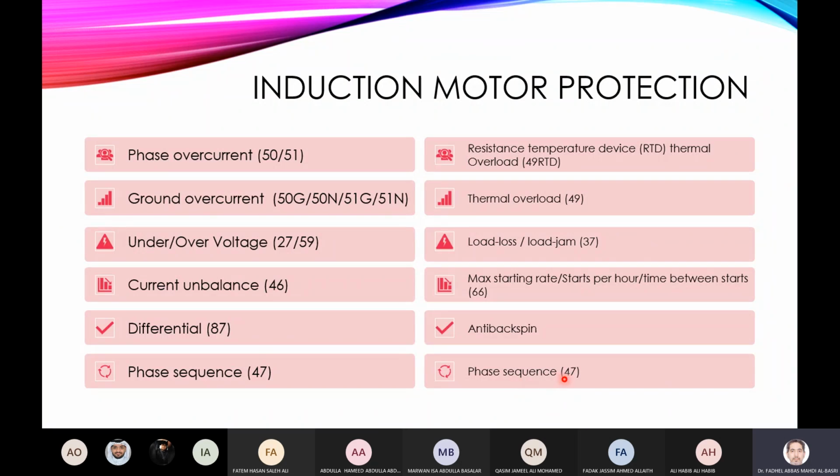We also have phase sequence and anti-backspin, which means the motor is not rotating backward. When you stop some motors, like pumps, they tend to move in the other direction, and sometimes you don't want to start before the motor shaft stands still.